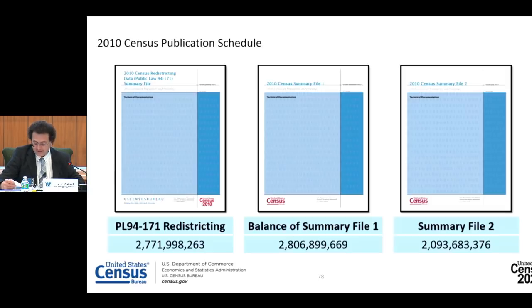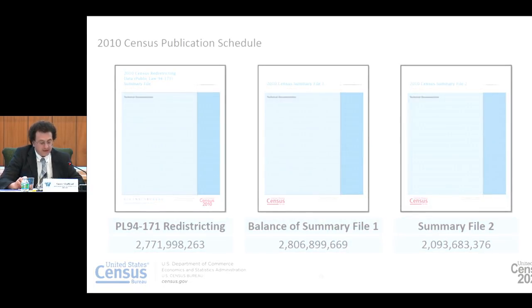For the 2010 census publication schedule, we published roughly 2.8 billion statistics for the PL 94-171 redistricting data, including the zeros. We published another 2.8 billion statistics for the rest of SF1, another 2 billion in SF2. We published 30 million in a public use microdata sample.